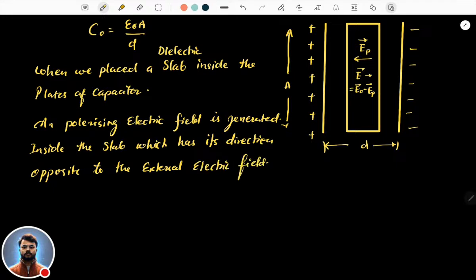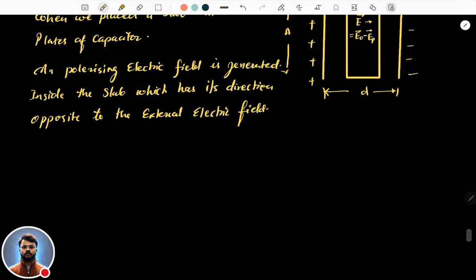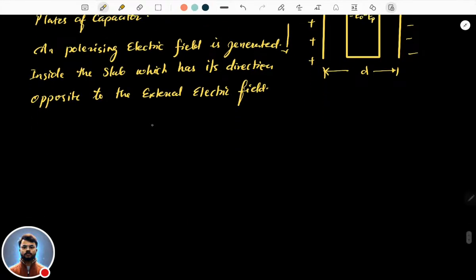All right. So the net electric field inside, that is E, is equal to E naught minus EP.